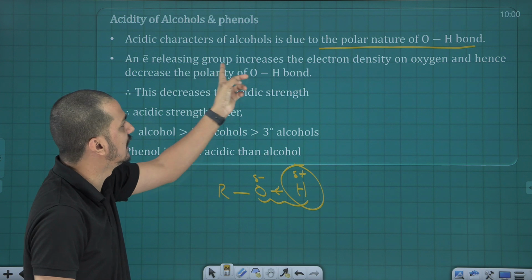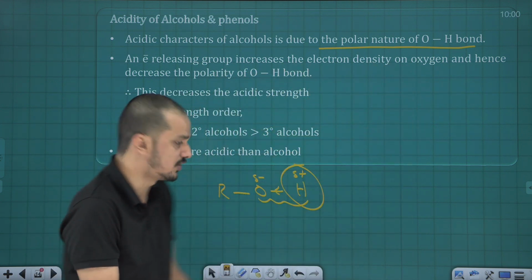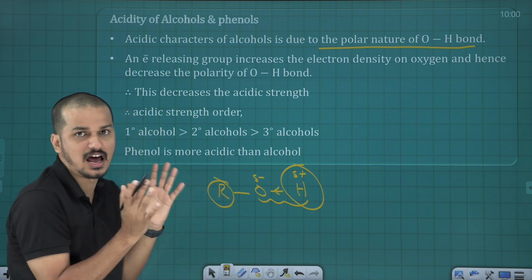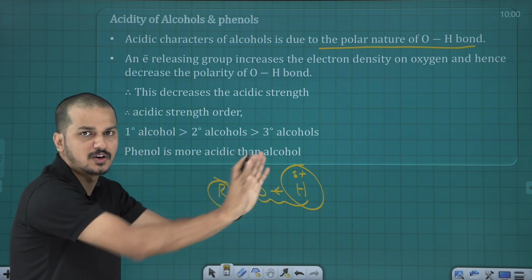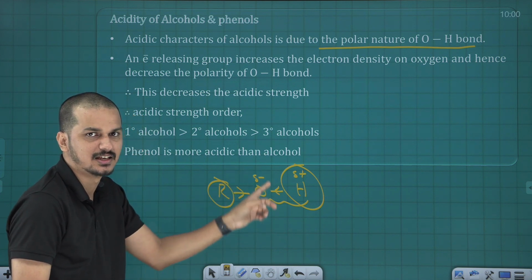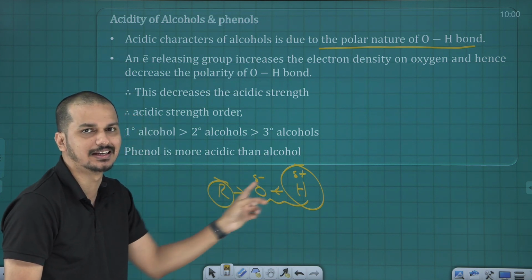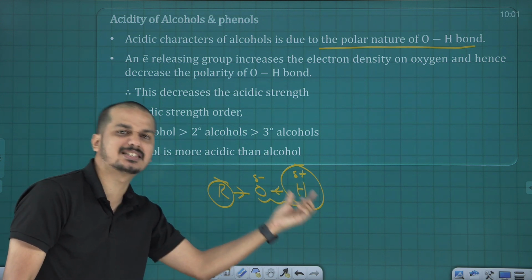Here an electron releasing group increases the electron density on oxygen. This R, alkyl group, is an electron donating group that donates electrons because of the plus I effect. Automatically the electron density on this oxygen will increase.